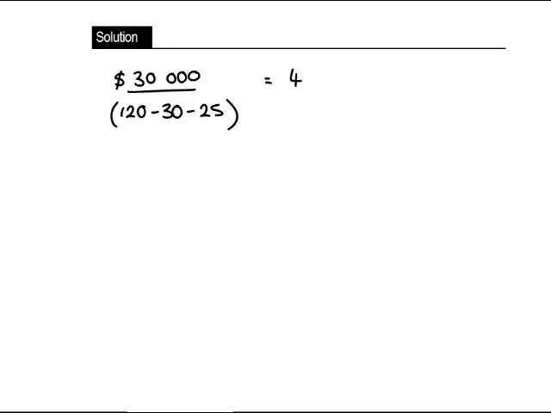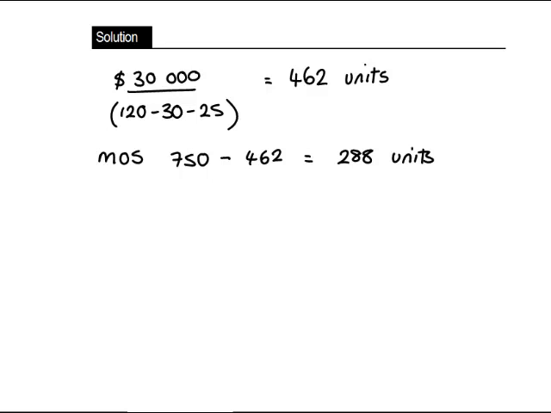That gives us a break-even point of 462 units. The margin of safety is the difference between what they budget to sell, which is 750, and the break-even point of 462, which is 288 units. Let's just leave it as units for now.